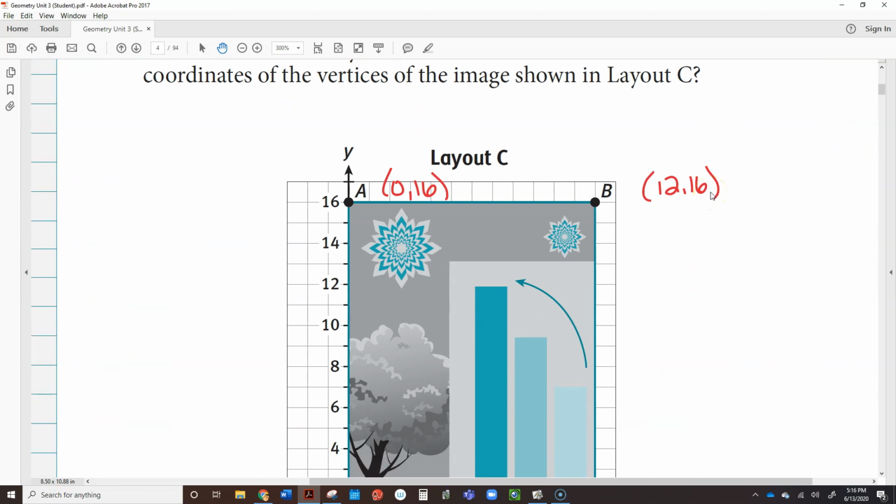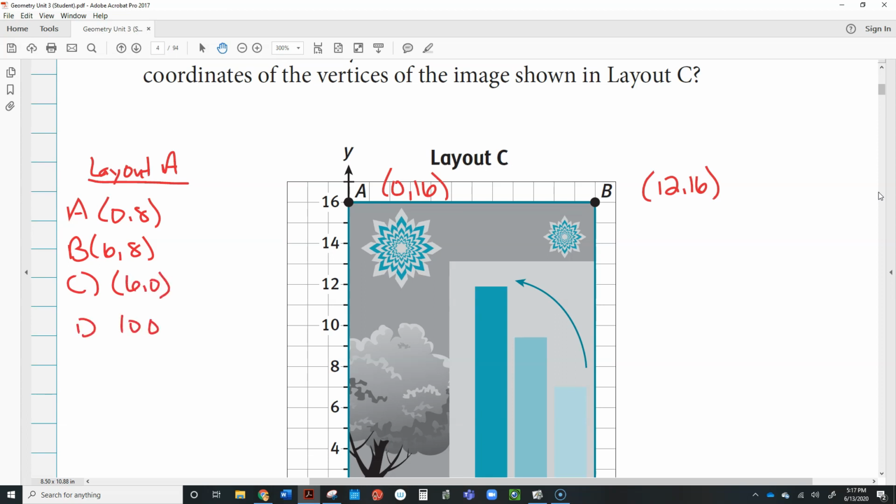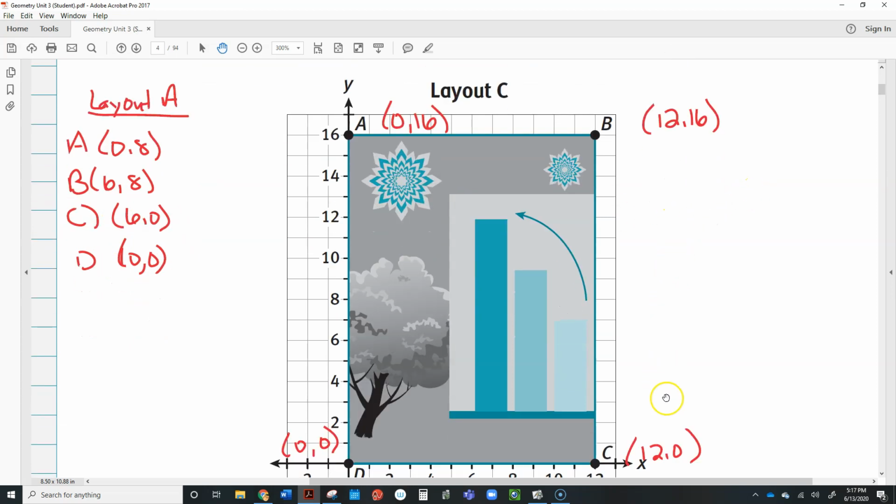I'm going to write down for layout A. A was at 0, 8, and B was at 6, 8, and C was at 6, 0, and D was at 0, 0. So that's where they were. And now it went from 0, 8 to 0, 16. It went from 6, 8 to 12, 16. It went from 6, 0 to 12, 0.